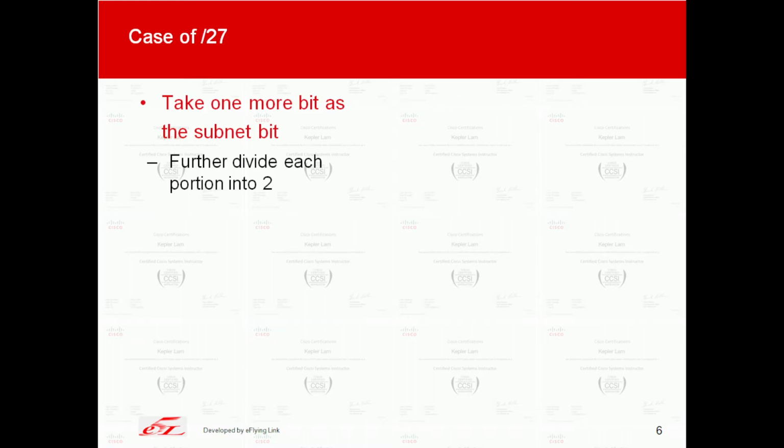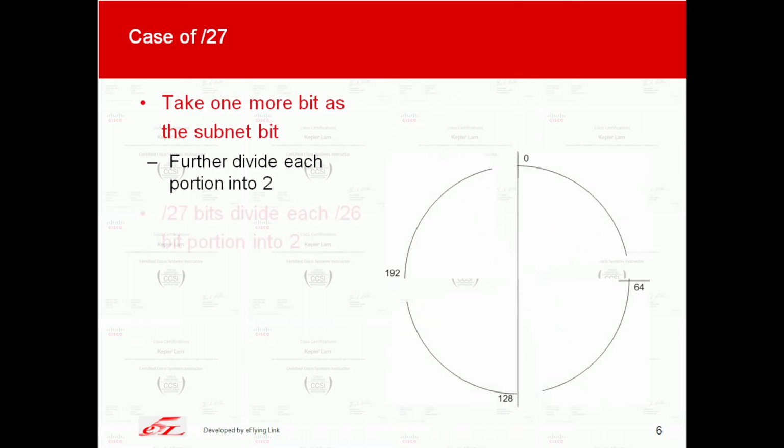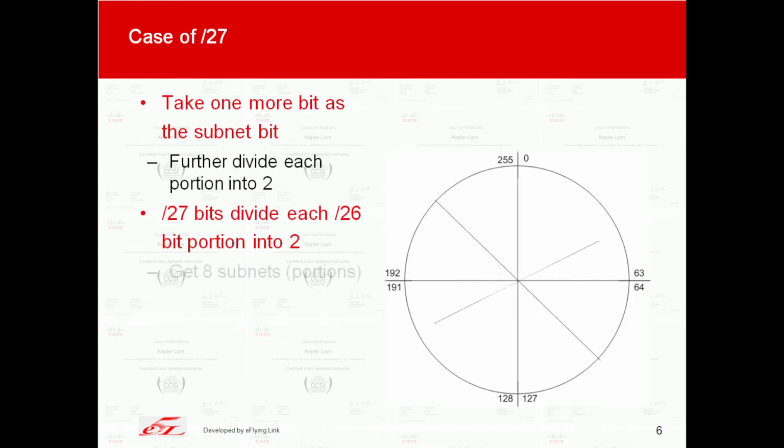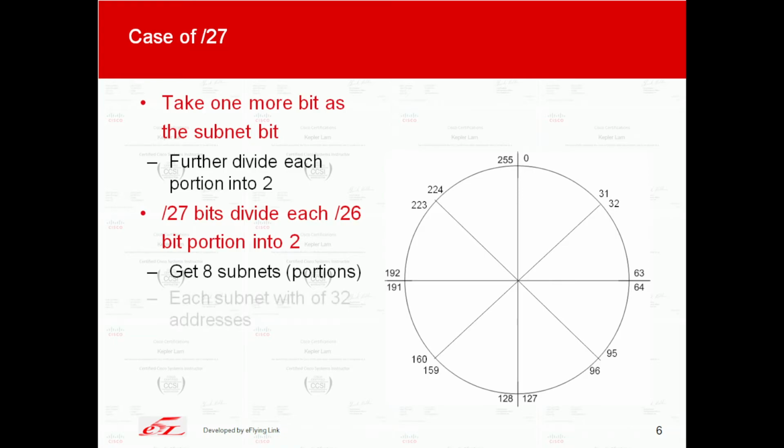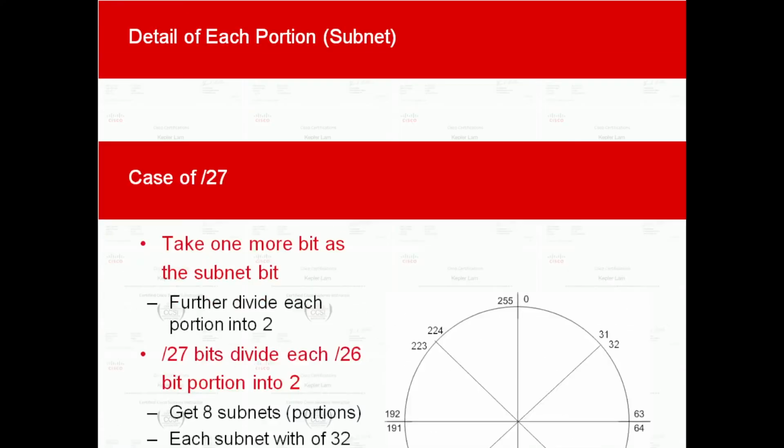So, in the case of /27, we simply divide the 4 portions we already got in the case of /26 into finally 8 different portions, and each portion will have a size of 32 IP addresses, just like the diagram shows. Now our cake is divided into 8 different portions.